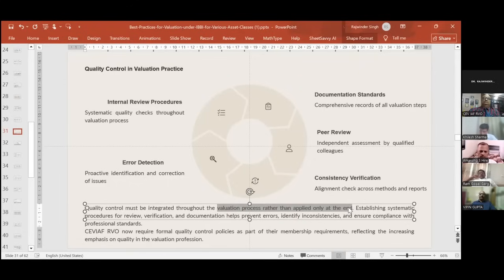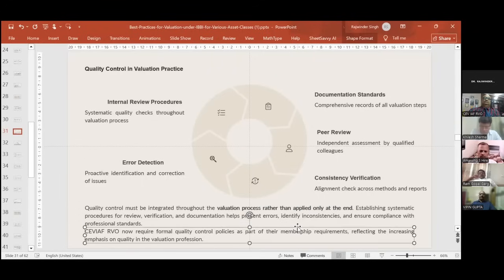Establishing systematic procedures for review, verification, and documentation helps prevent errors, identify inconsistencies, and ensure compliance with the professional standards. So CEV, IAF, RVO now require formal quality control policies as part of their membership requirements, reflecting the increasing emphasis on quality in the valuation profession.